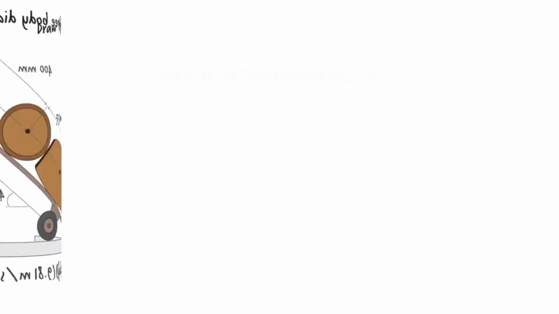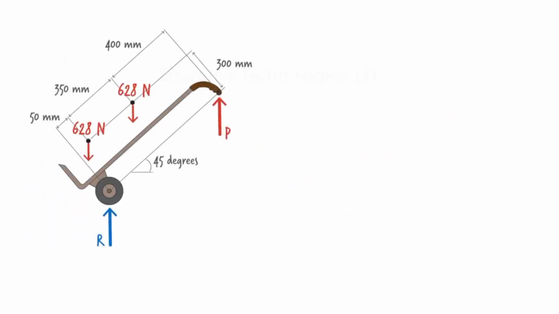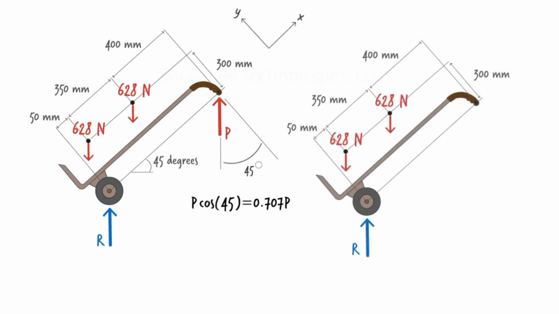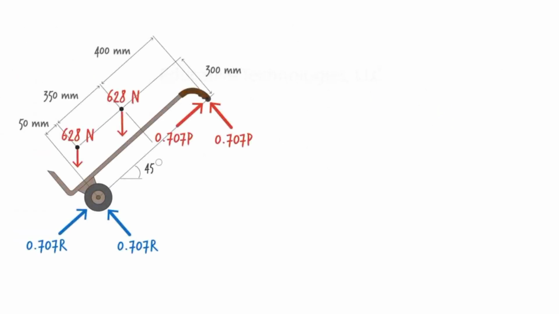Since we have the key distances specified along the inclined plane, let's define our coordinate system along that plane as well. Now we can rewrite each force in terms of its x and y components. P makes a 45-degree angle with the y-axis, so P times cosine of 45 gives us the y component of the force, and P times sine of 45 gives the x component of the force. We replace R with its x and y components in a similar manner.